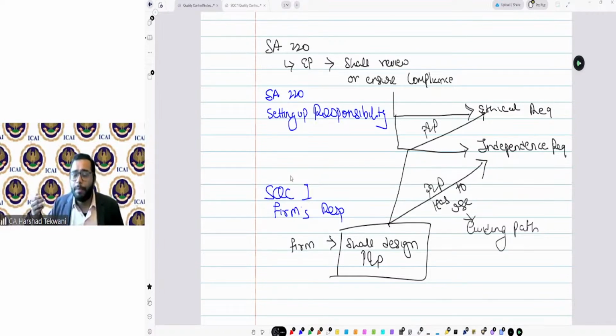By following these policies, he can ensure the requirements are fulfilled with respect to ethical and independence matters. So that is how you understand the difference between SA220 and SQC1.